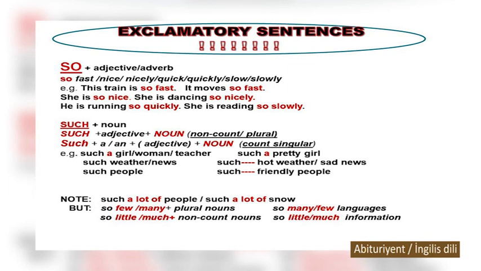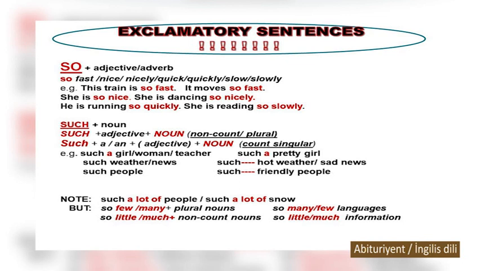Such. You see, such plus noun. With such we have to keep in mind that if an exclamatory sentence is formed by using such, we have to think of the noun. After such, a noun is one of the musts.